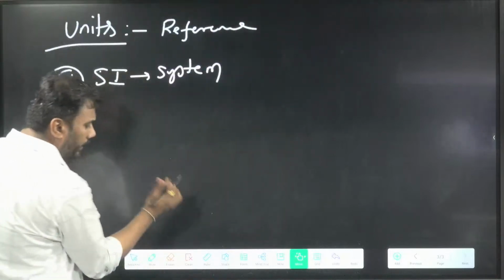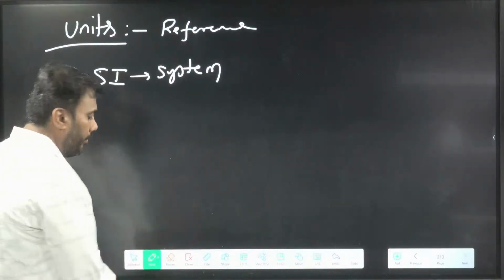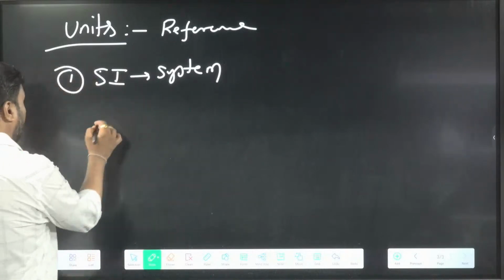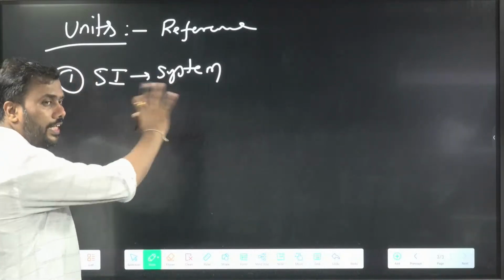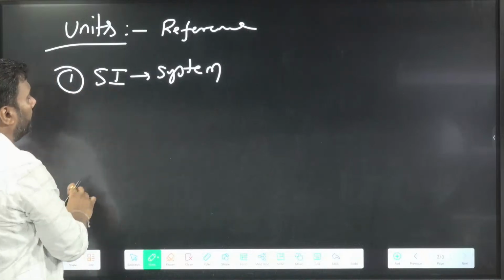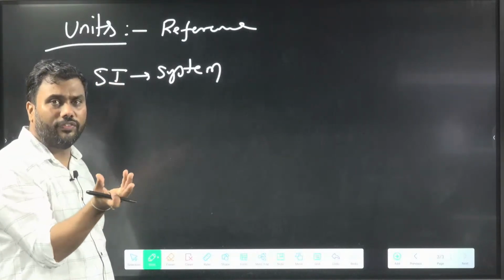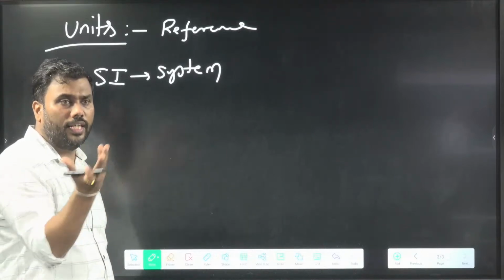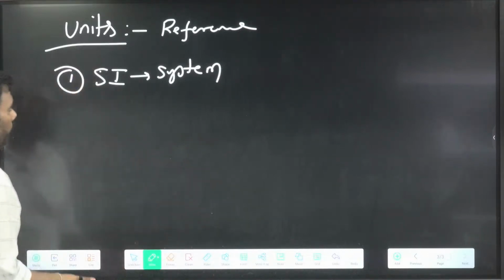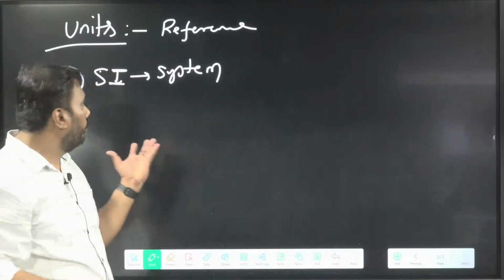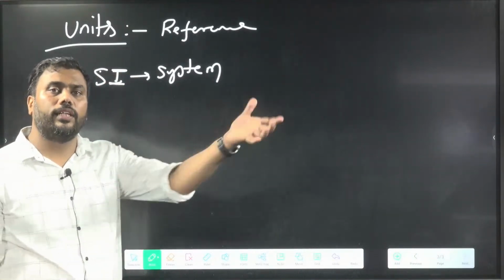This is the latest and most evolved system of units, and it is internationally accepted. The name of the system is Système International. It is actually a French phrase. I am not very good at French, so I cannot pronounce it well.